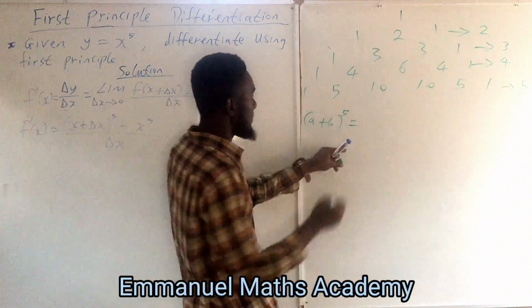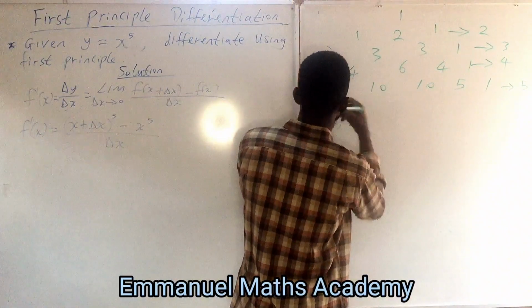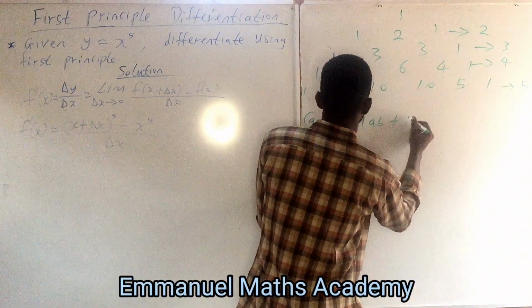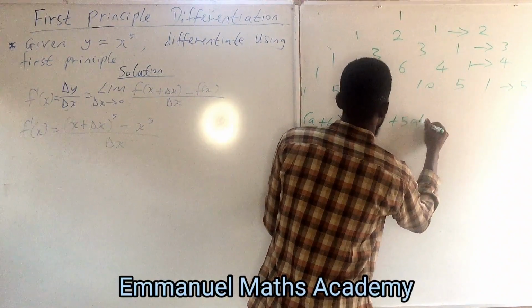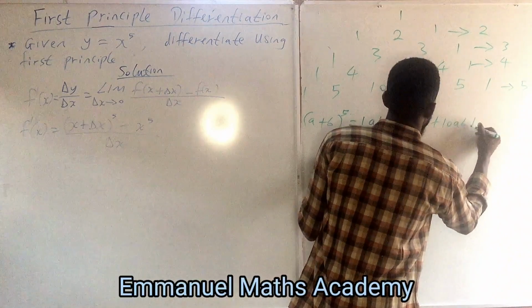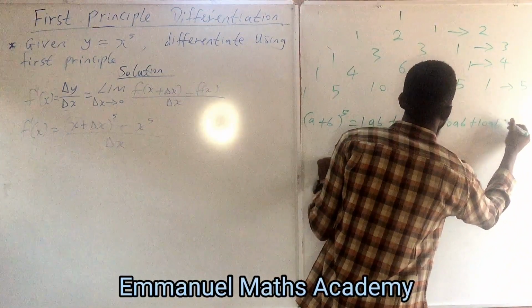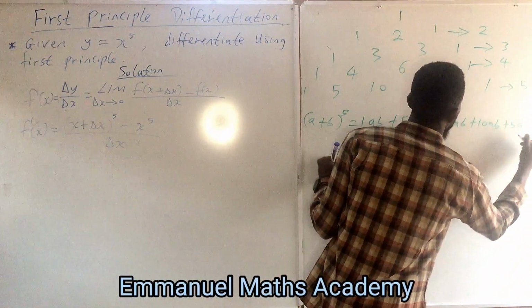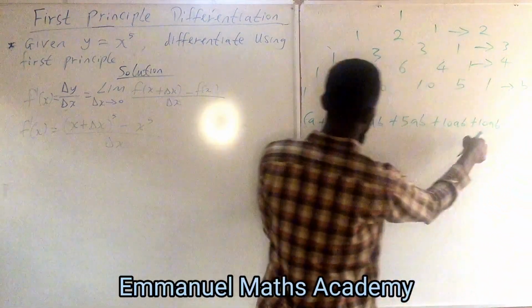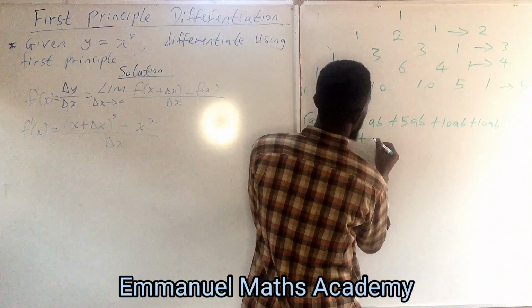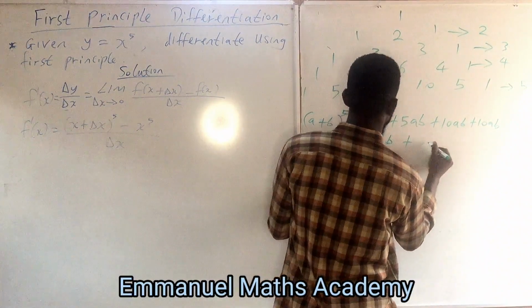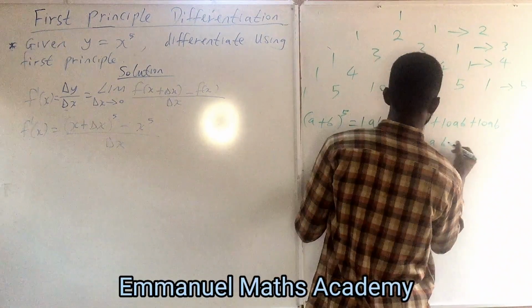how do you expand this? You have 1, 5, 10, 10, 5, 1 as the coefficients.